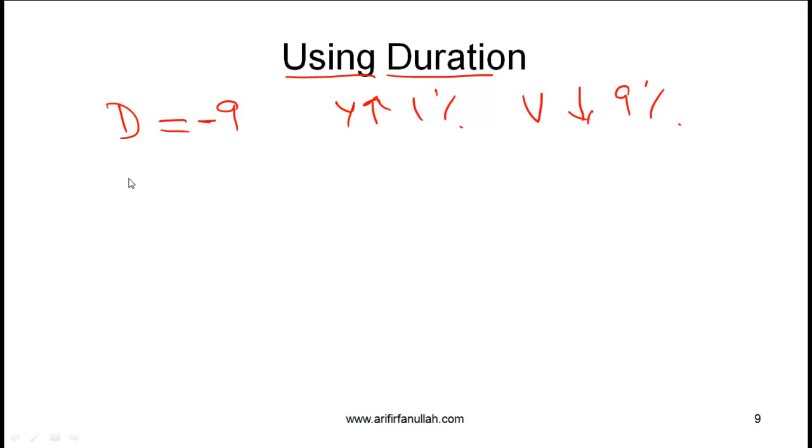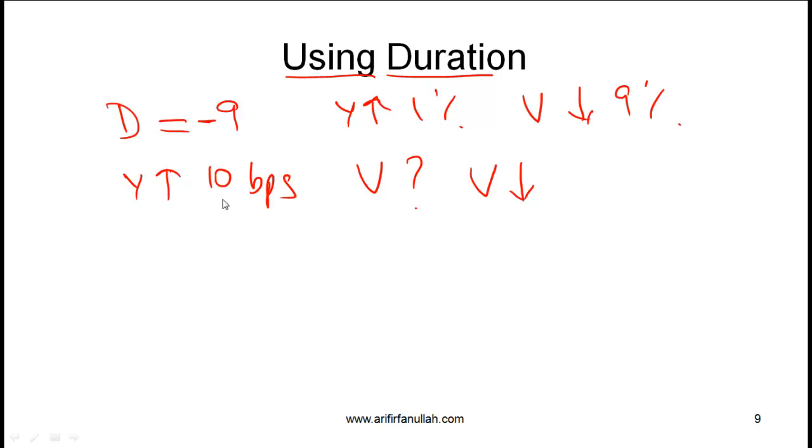Now, what if you are given this duration and you are told that the yield goes up by 10 basis points, and you are asked what will be the impact on value. So clearly the first part is easy. When yield goes up by 10 basis points, you know that the value will go down, but by how much? And the answer is straightforward. If duration is 9, that means a 1% increase in yield means approximately a 9% decrease in value.